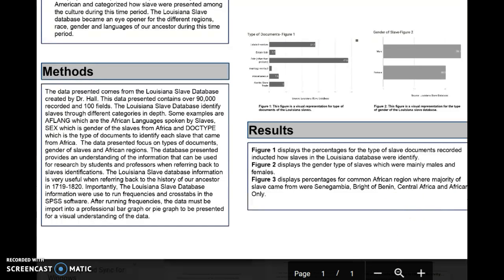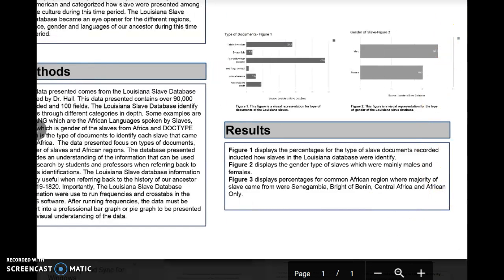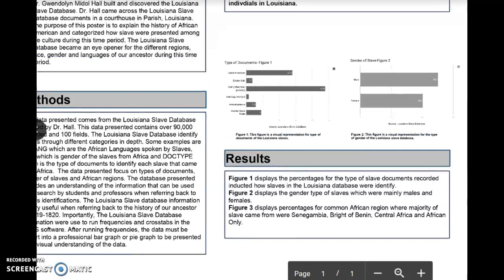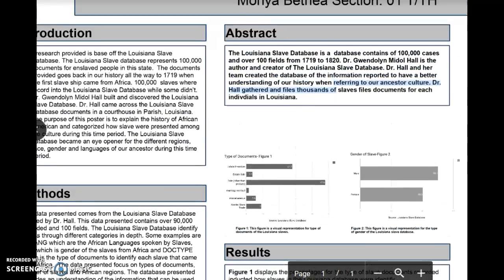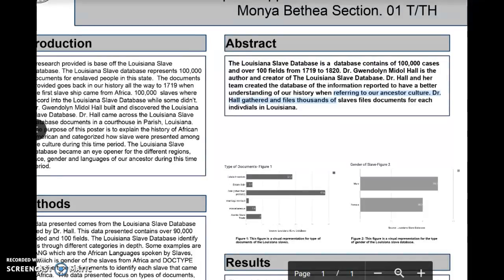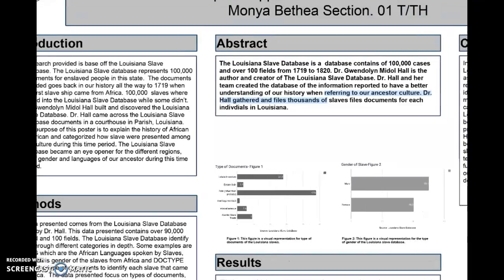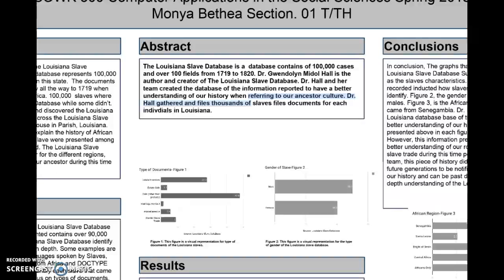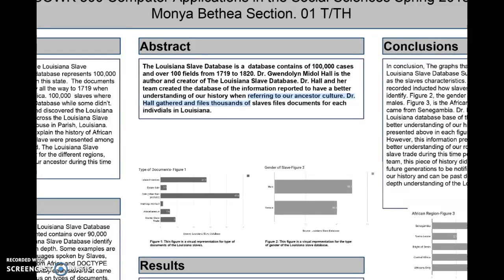So now we are going to go to my abstract. The abstract is basically a little shorthand of the introduction, which reads as follows. The Louisiana Slave Database is a database that contains 100,000 cases and over 100 files from 1719 to 1820.